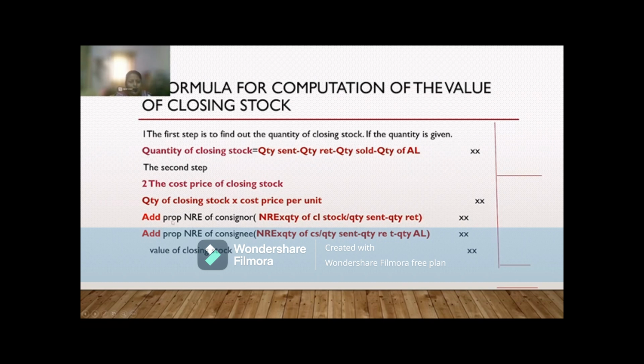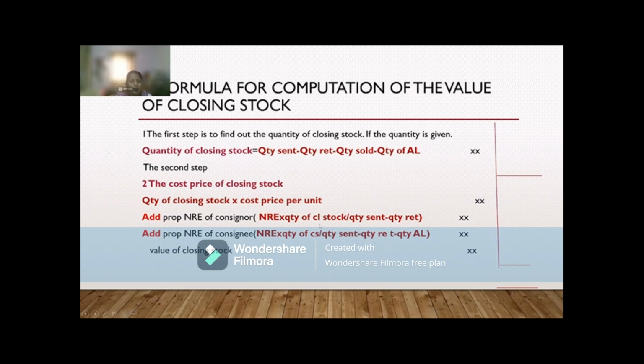For that, we have to add the non-recurring expenses of the consignor and the consignee. For the consignor: non-recurring expenses into quantity of closing stock divided by quantity sent minus quantity returned. And for the consignee: non-recurring expenses into quantity of closing stock divided by quantity sent minus quantity returned, or minus quantity of abnormal loss.